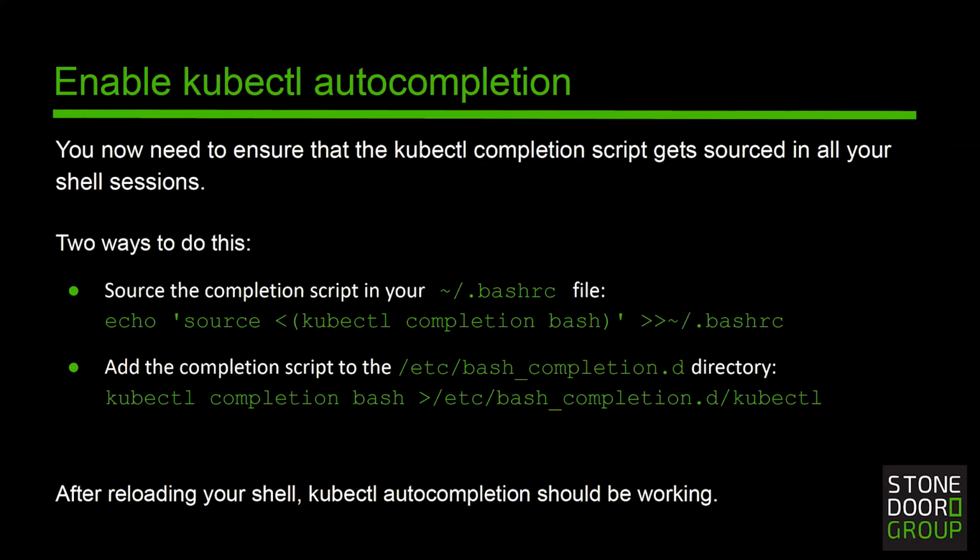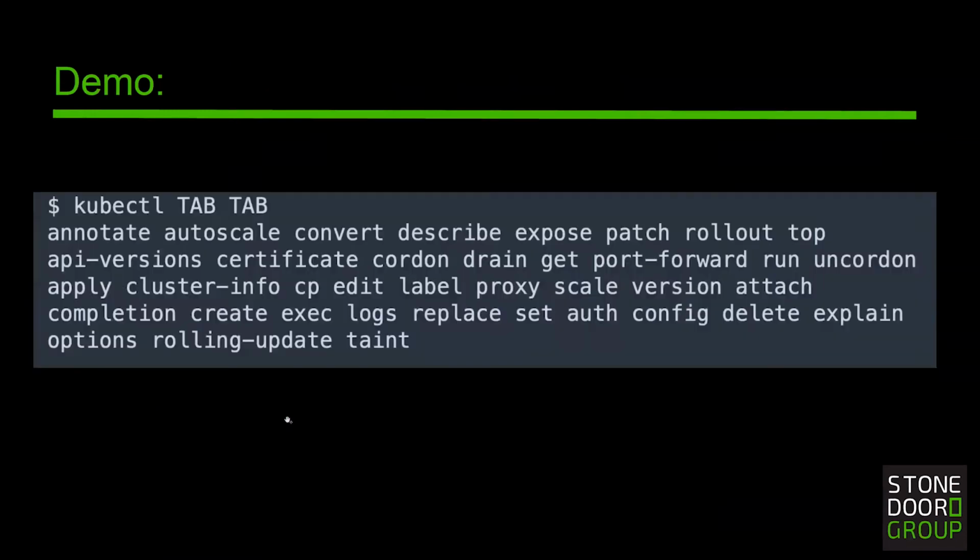We would echo that, and then we would add the completion script to our directory. The next time we open this, it's going to be started automatically for us. Then when we type in something along the lines of kubectl and we tab over, we're going to be getting options for auto completing what we need.